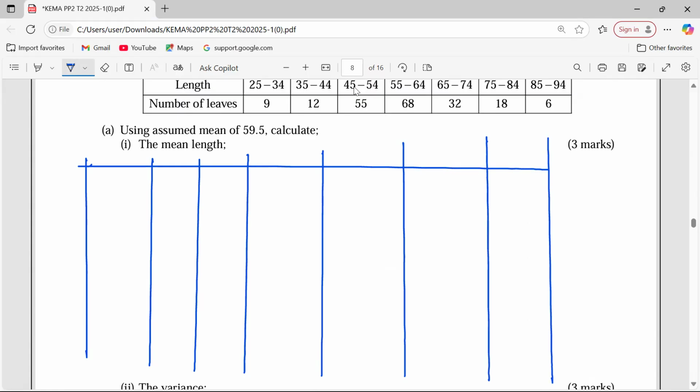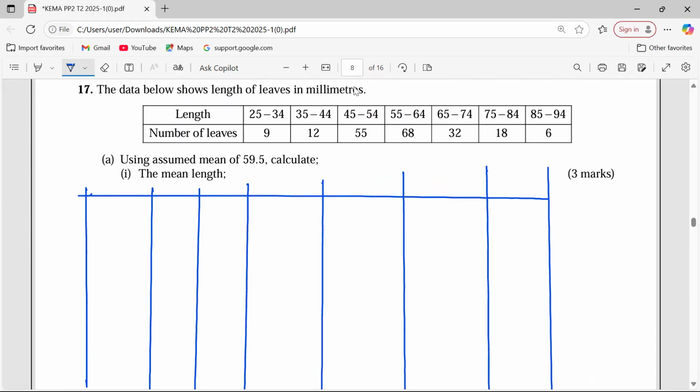So let me start with the classes. 25 to 34. Then we go to the next class, which is 35 to 44.